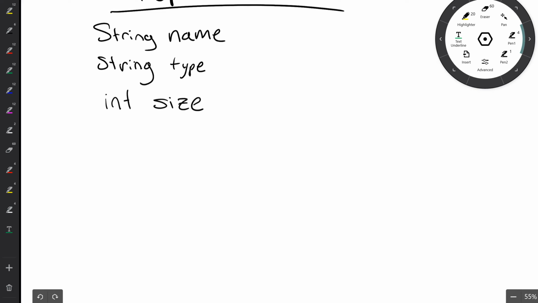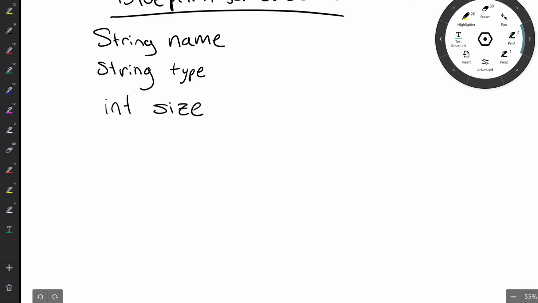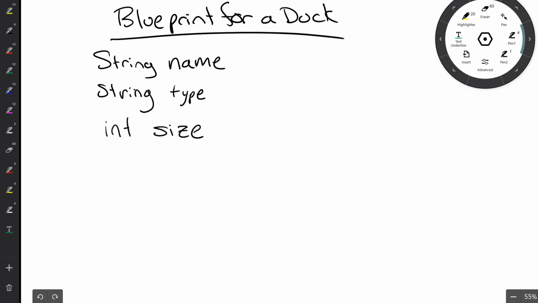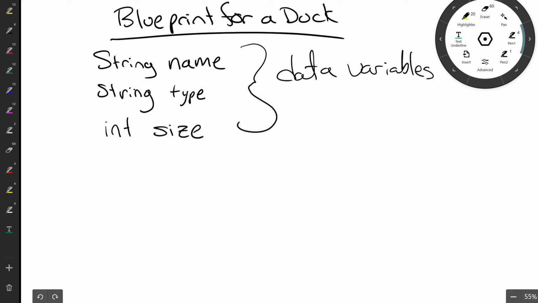So it has these different parameters that make it up. These are what we would call variables, of course, normally, but in the case of objects, they're a little bit more. They're considered to be the data about the duck, or data variables, and they're where we can store any information in a duck.